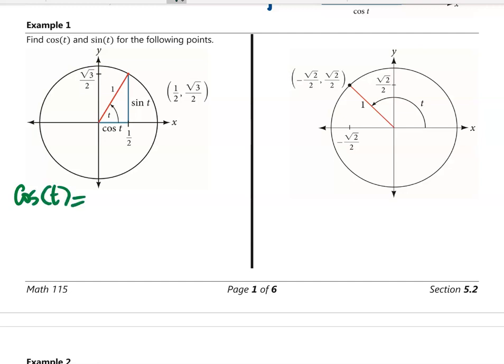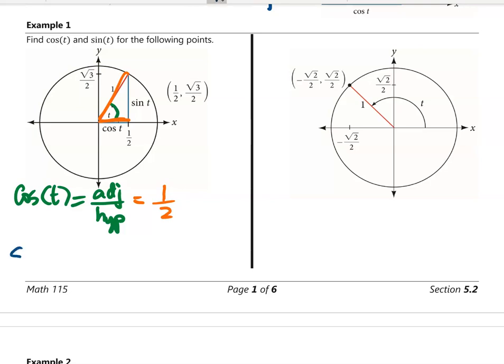Based on our SOHCAHTOA, this is angle t, adjacent over hypotenuse, and this is our adjacent, and this length is 1/2 over the hypotenuse 1, so cosine of t is equal to 1/2.